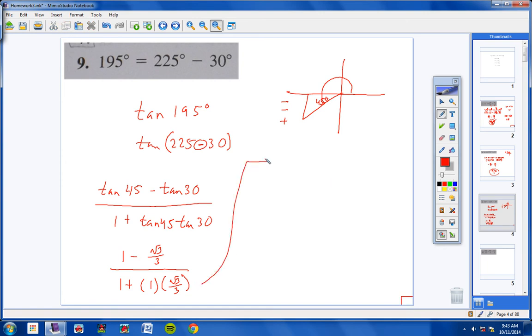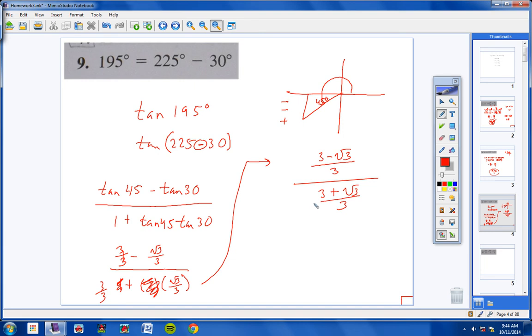So here we go. 1 here is the same thing as 3 over 3. So in my numerator, I have 3 minus square root of 3, all over 3. And then down here in my denominator, of course, 1 times square root of 3 over 3 is just square root of 3 over 3. So I have 1 plus square root of 3 over 3. Of course, 1 is 3 over 3, so I really have 3 plus square root of 3 over 3.